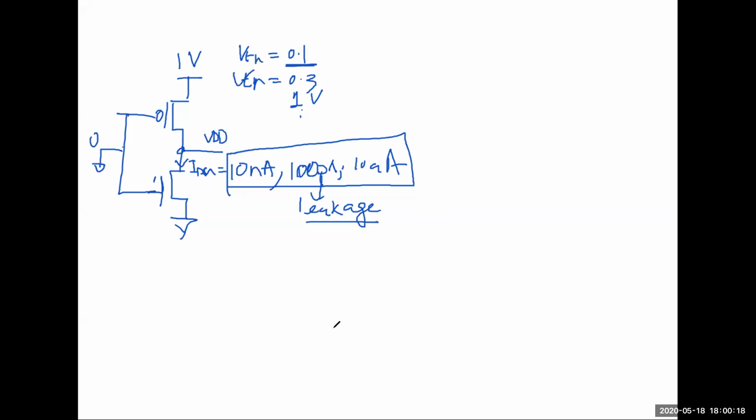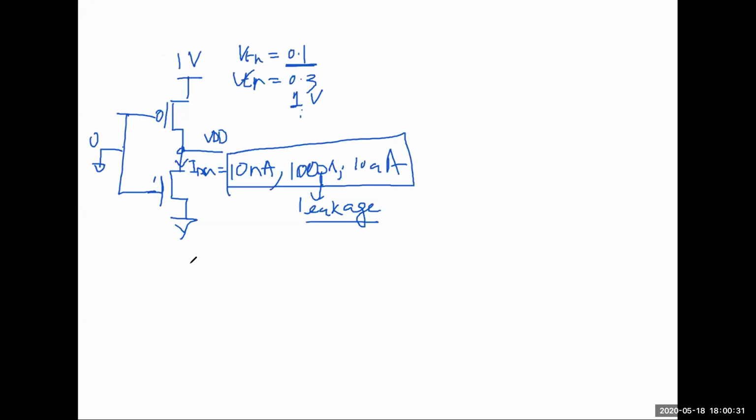Okay. Actually, since you brought that up, the other thing, maybe we can give that as an assignment as well. So if VTN is asymmetric, let's say VTN is 1 volt, VTP is minus 0.5 volts, because a lot of times you'll get that as well.